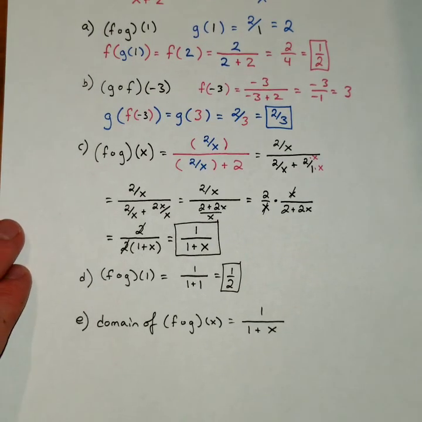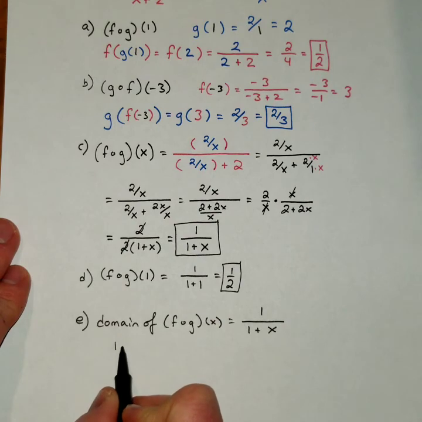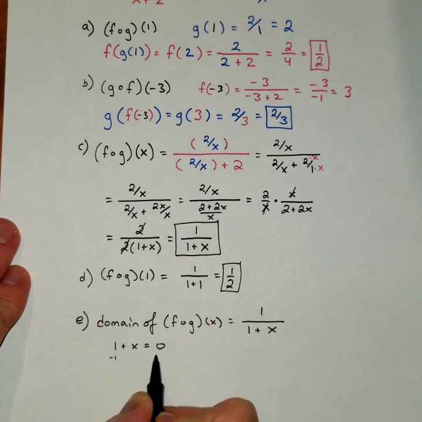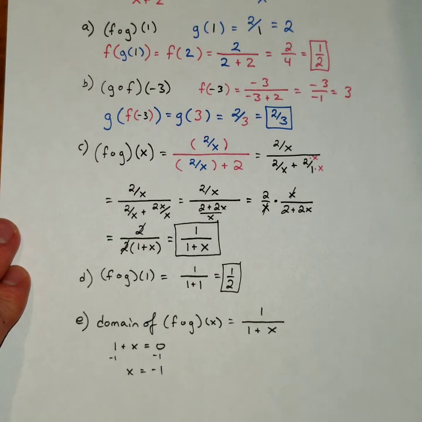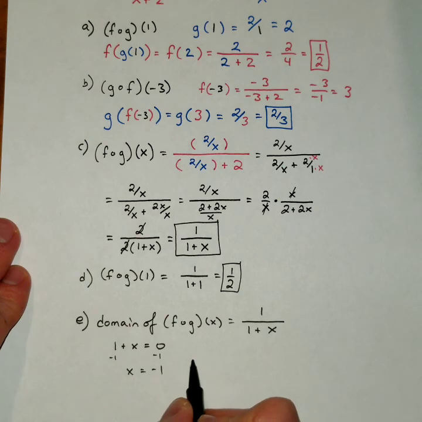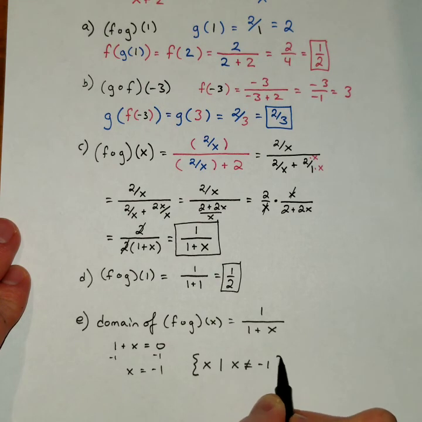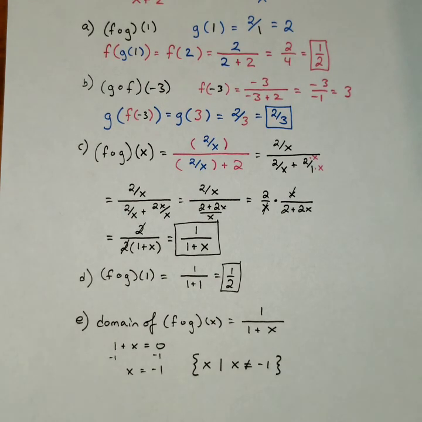And you all know how to find the domain of a rational function at this point. You take the zeros of the denominator, subtract your 1, you get x equals negative 1. The zeros of the denominator then get excluded from the domain. So our domain is going to be x such that x is not equal to negative 1.